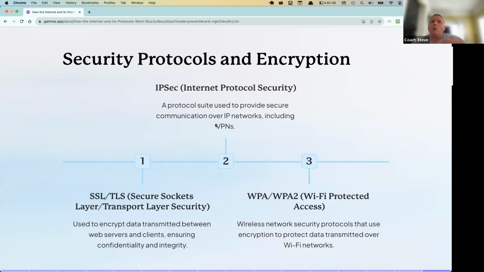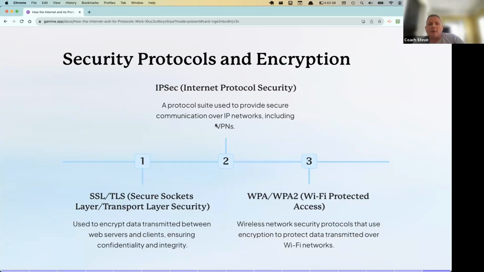And as wireless internet became popular back in the 2000s, again, people did not want somebody sitting outside their house being able to be the middleman between you and your router, because that's something that somebody can do.